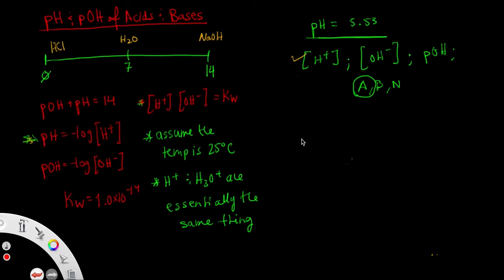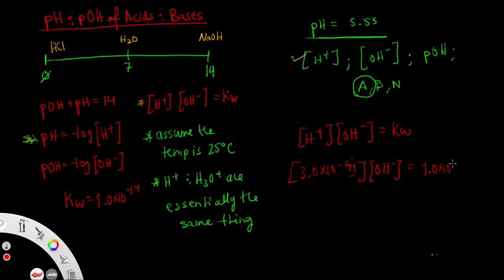If we know that our H plus concentration times our OH minus concentration is equal to our equilibrium constant of water, we can tell from the information we found before, the H plus concentration, which I said was 3.0 times 10 to the power of negative 6 moles per liter, and we want to find our OH minus concentration, we can set that equal to 1.0 times 10 to the negative 14th, which is equal to our Kw value.